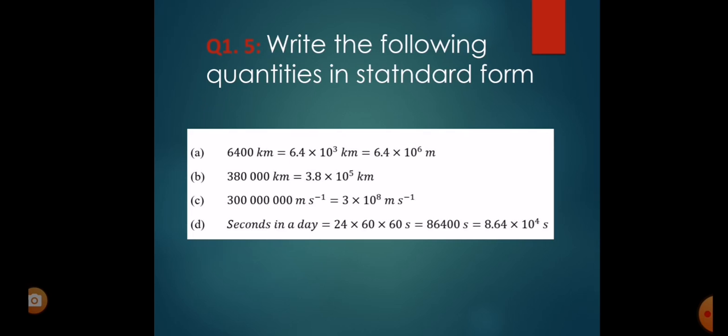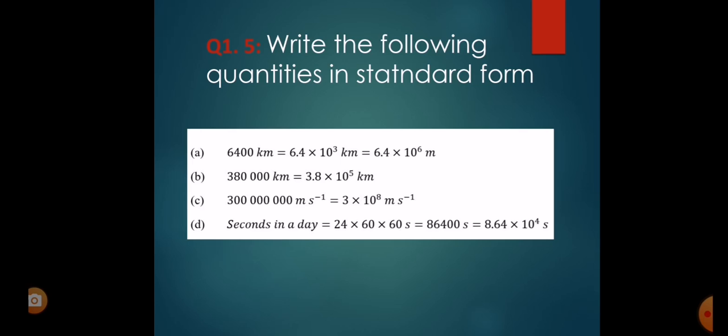For kilo, you have to remove the prefix with the power of 10 raised to power 3, and the decimal will be entered, and keep 10 raised to power 3 and 10 raised to power 3, it will become 10 raised to power 6. Next question, 1 2 3 4 5, the decimal has to cross 5 digits and 10 raised to power 5 kilometers as it is. You can write, if you want to remove the kilo or want to put the 10 raised to power 3 over there, it will be okay.